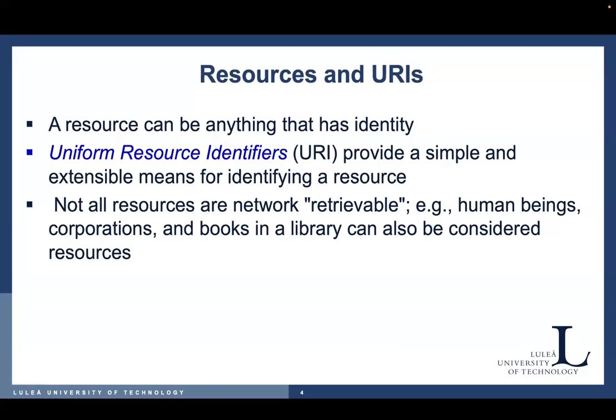And uniform resource locators are a subset of a more generic entity, which is called URIs, obviously. The important thing about identifiers is that they are used to name objects that possibly are not retrievable at all. So they're simply used for naming.